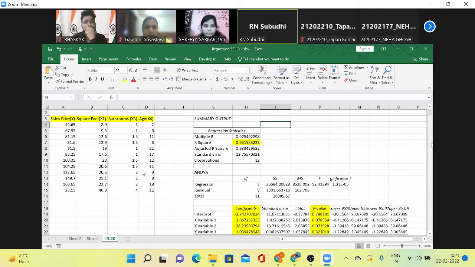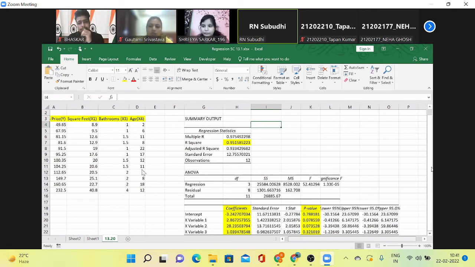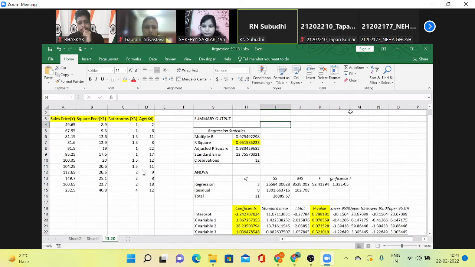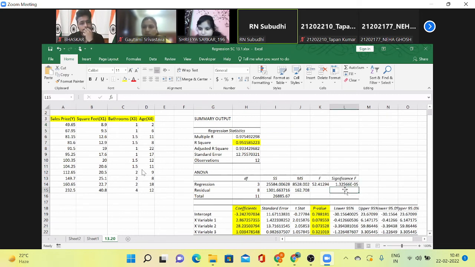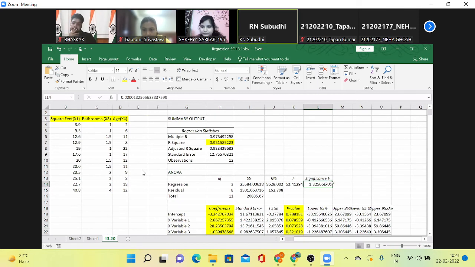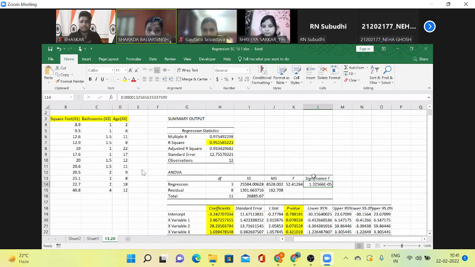Can you write the significance, the p value? Aliba, if it is given as E minus 5, how do we interpret this? Can you expand that? Shreya, what is the meaning of that? Capital E minus 5. Sharada, can you help us? Any volunteer? Which one? F value.